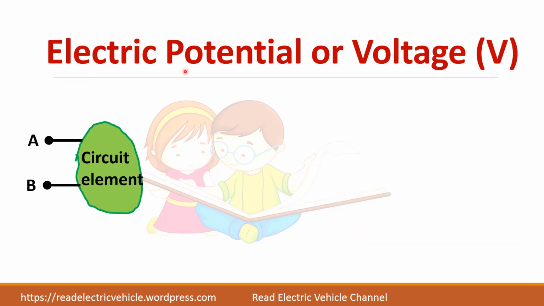So we will see what is electric potential or voltage. You take a circuit element, it can be anything, and it has 2 terminals. Now if I want to inject a current through this element, I have to do some work. Current is nothing but a flow of electrons, so a flow of charges. To move this charge from one point to the other, I have to do some work.